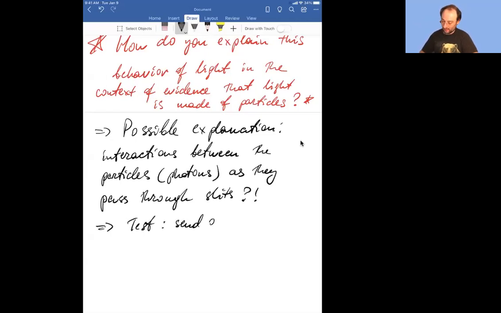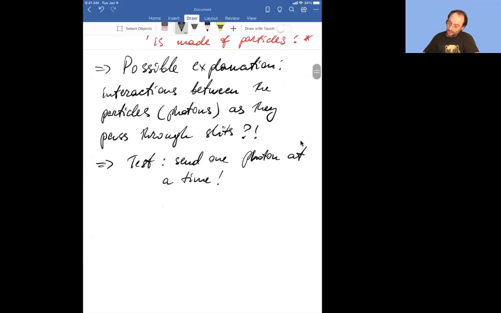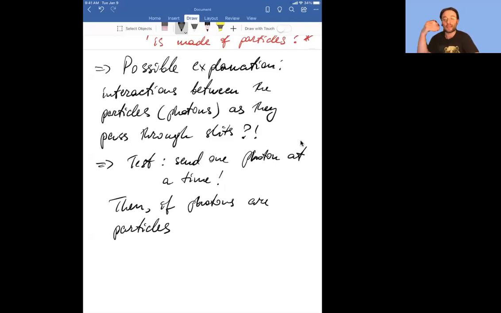Send, and then, if photons are particles, as we traditionally think of as particles, what do you think would happen?